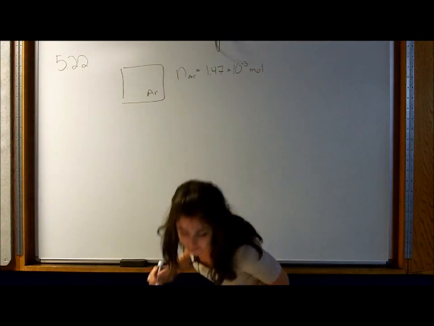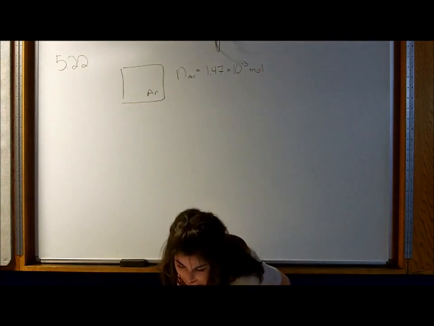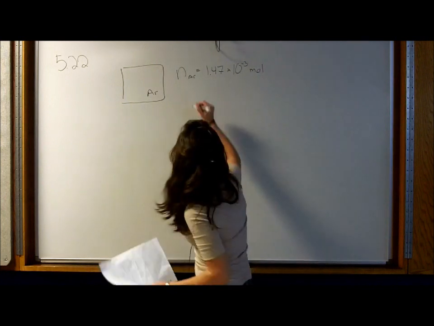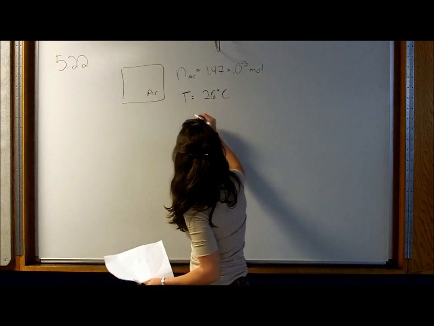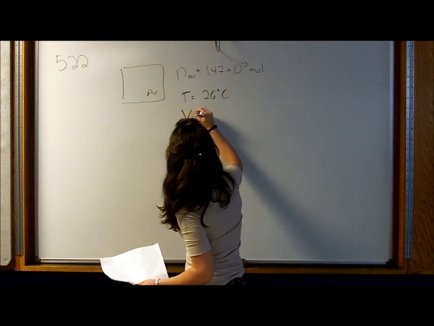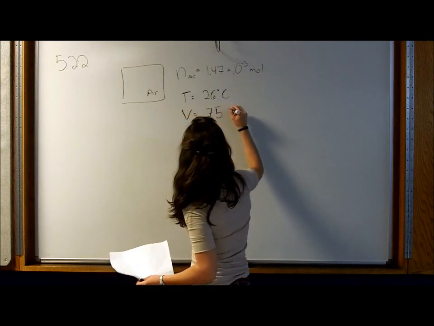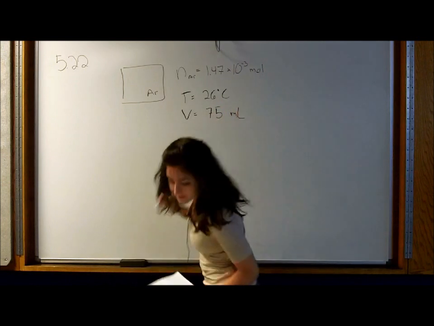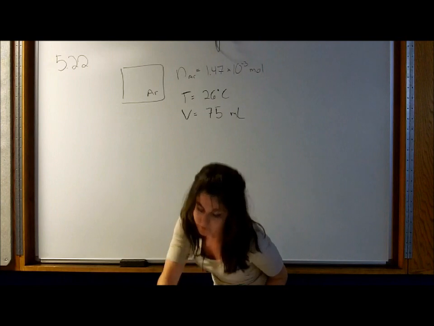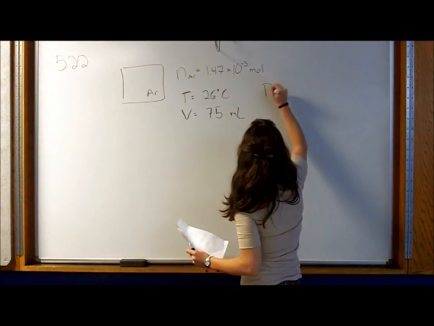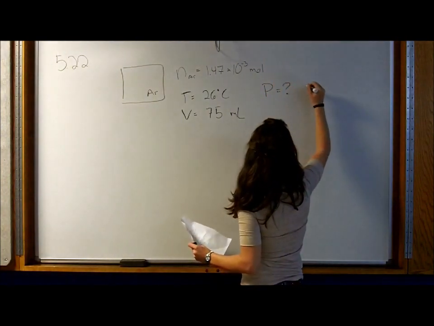And then we also have temperature and the volume. Temperature is 26 degrees Celsius, and the volume is 75 milliliters. And we want to find the pressure. And this has to be in torr.